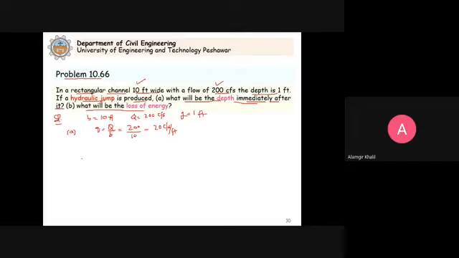Now we already studied that Y2 is equal to Y1 by 2. Y1 is now given. Y2 is the depth immediately downstream of the hydraulic jump.